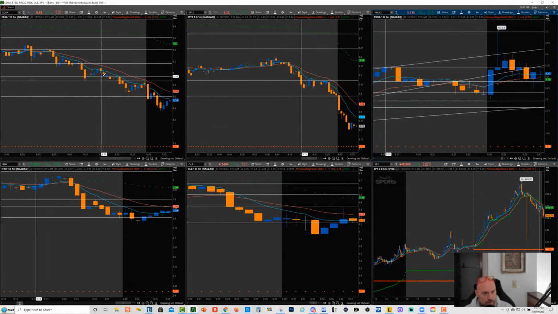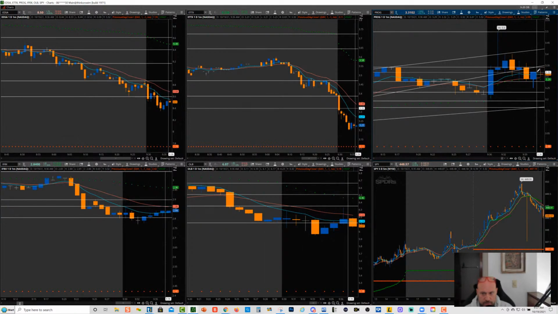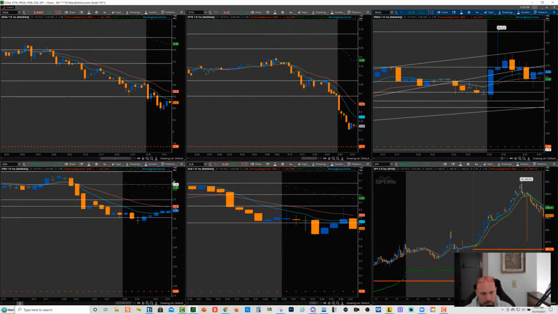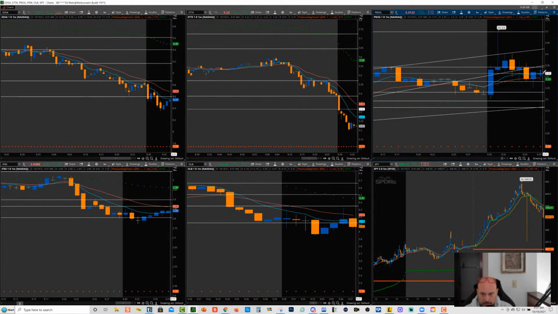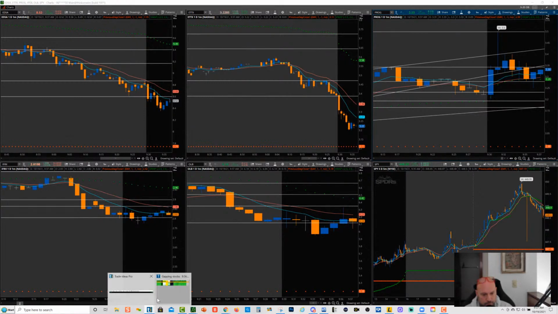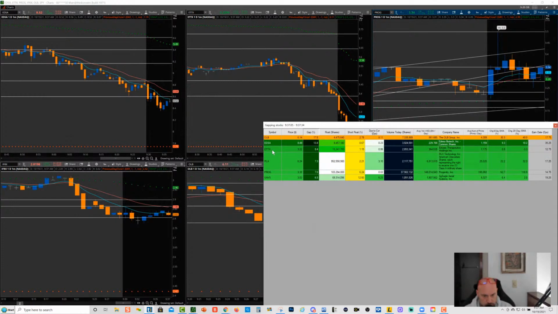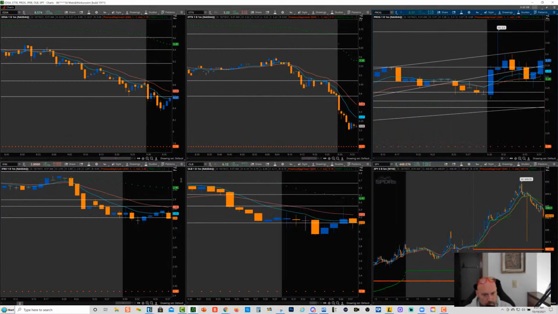So for me personally, I don't like when price is below the moving average lines. I like when it's above. So these are all selling off at the moment, except for PROG. Let me take a look at trade ideas. So it looks like RLX might be moving up.